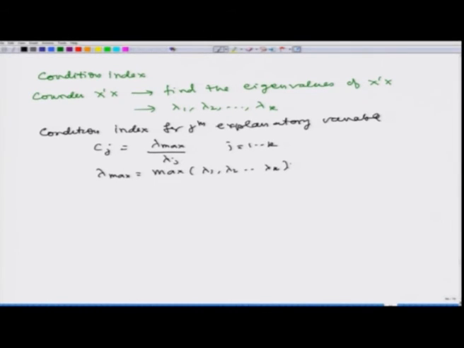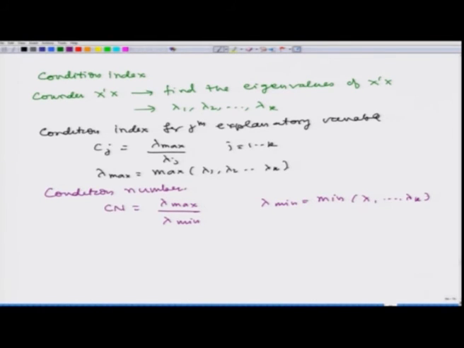And similarly, we define the condition number as C_n, which is equal to lambda maximum over lambda minimum, where lambda minimum is the minimum value among lambda 1, lambda 2, up to lambda k.